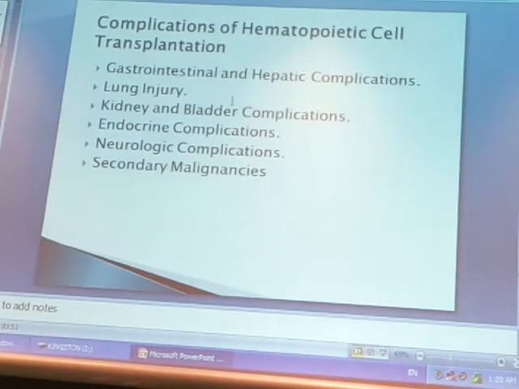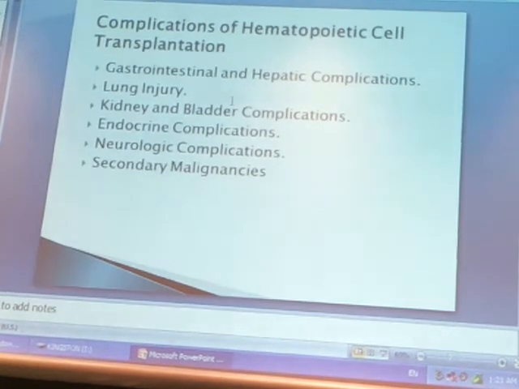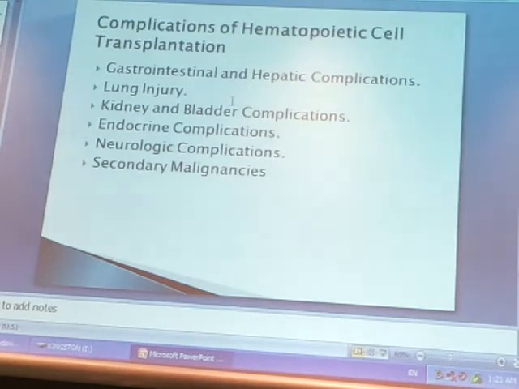Sometimes we do double cord: we take two cords' stem cells to transplant an adult. But usually we use cord stem cells for the pediatric population, and usually it's successful because there is low risk for graft versus host disease.